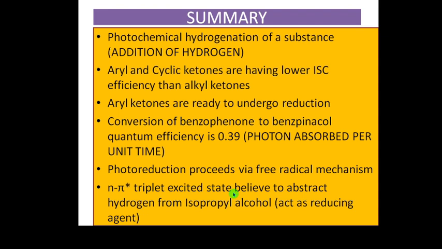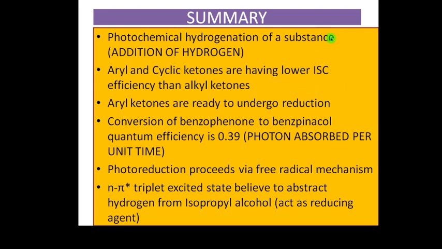Now we will see the summary of the photoreduction reactions. Simply, photochemical hydrogenation of a substance, or addition of hydrogen, is called photoreduction. The photoreduction reactions happen through intersystem crossing, that is singlet to triplet.